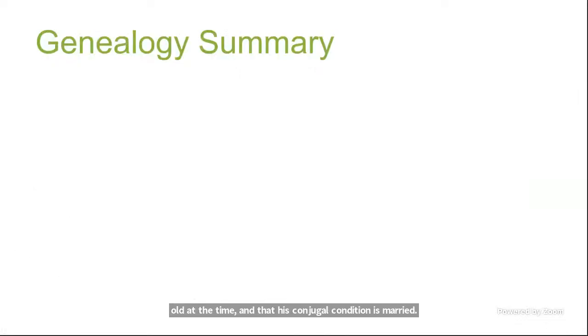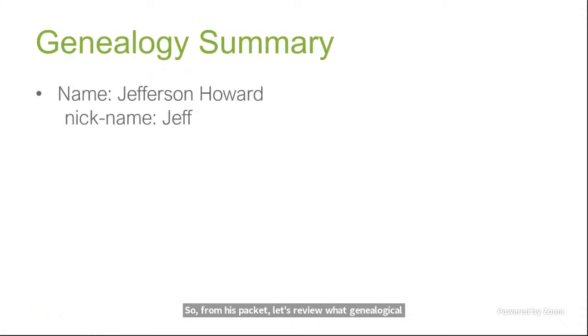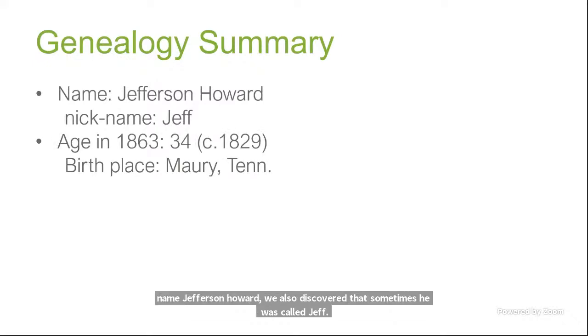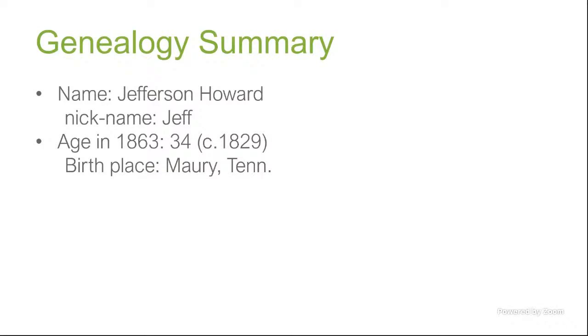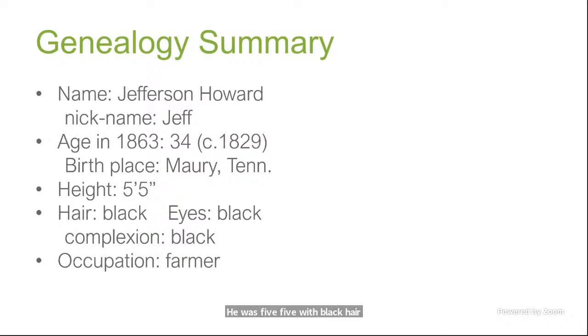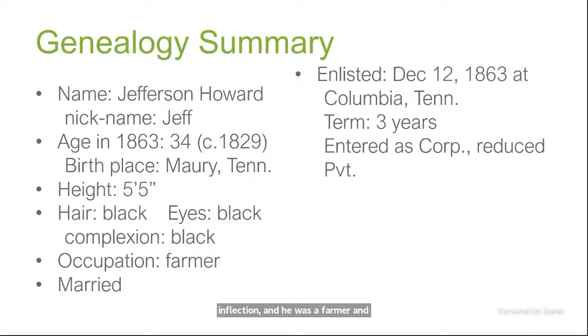So from his packet, let's review what genealogical information we were able to gain. His name, Jefferson Howard. We also discovered that sometimes he was called Jeff, and that he was 34 years old in 1863, so we can calculate his birth to be around 1829. It did state his birthplace as Maury, Tennessee. He was 5'5", with black hair, black eyes, black complexion, and he was a farmer, and married.